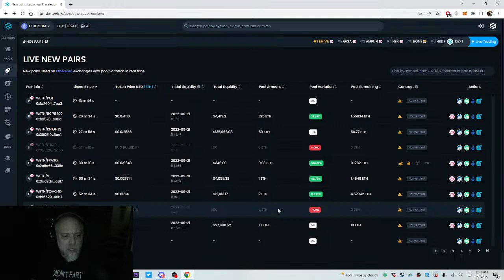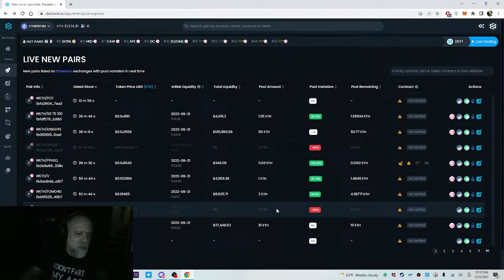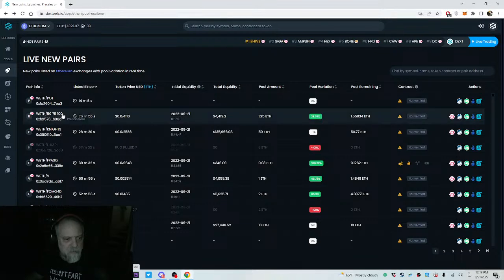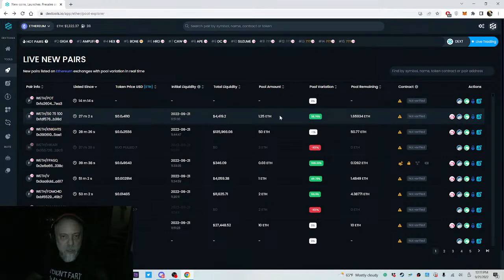During yesterday's class, I picked one token out of 3 whenever we first started, and I said this one's going to be a rug pull. Well, so far, we've only had 3 in the last half hour. And by what I'm seeing with these initial numbers, I would have to guess that this one right here, 50, 75, and 100, will end up pulling the liquidity and rug pull the entire project before we're done with this class.